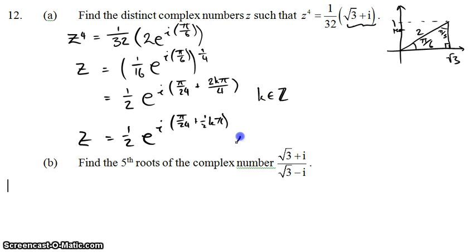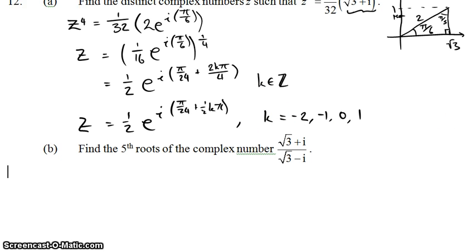I want the values of k that give an argument in the principal range. The smallest, if I put k equals -2, I get pi upon 24 minus pi, which is just bigger than minus pi. So that's the first one I'm going to choose, -2, and then I just take the next 4 values above that. So this is my answer.